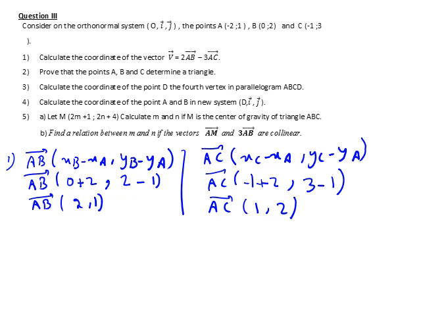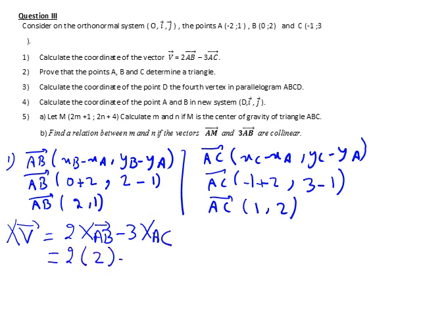So the x of vector V equal 2 times x of AB minus 3 times x of AC, equal 2 times 2 minus 3 times 1, equal 4 minus 3 equal 1.